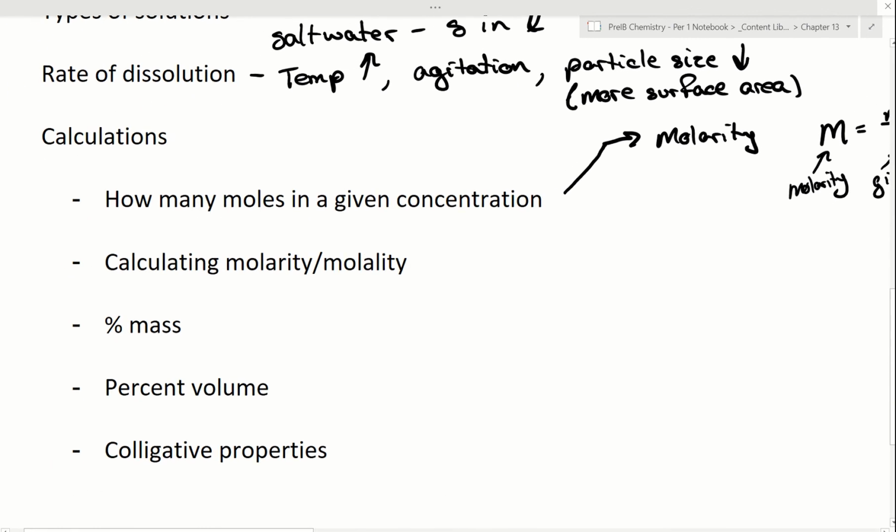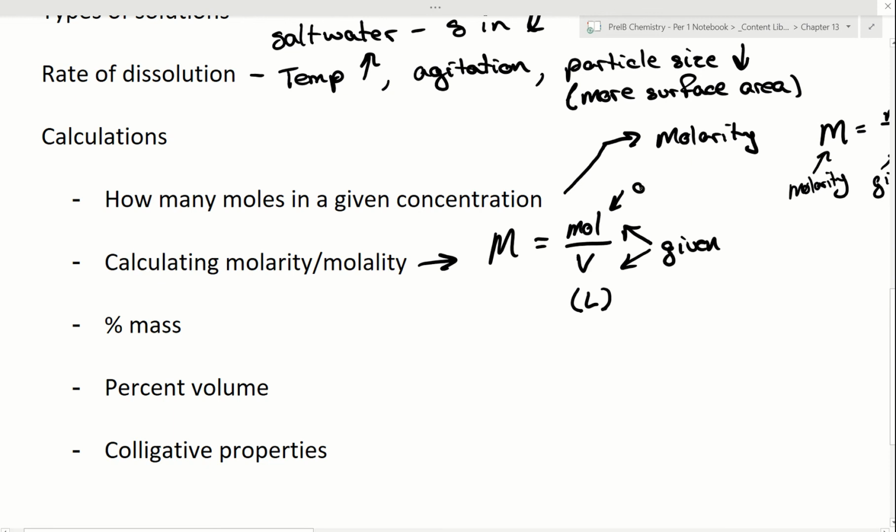Another type of calculation you'll have to do is just solving for molarity and molality. Well, in that case, you're trying to find molarity, you would be given moles and volume. So both of these would be given. Again, remember that the volume has to be in liters.